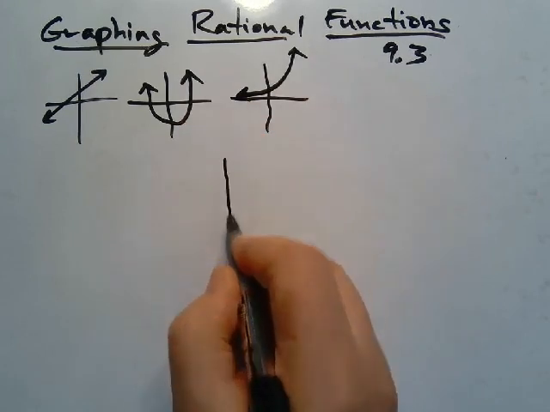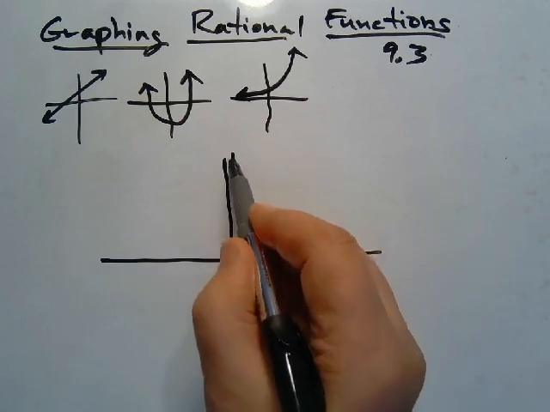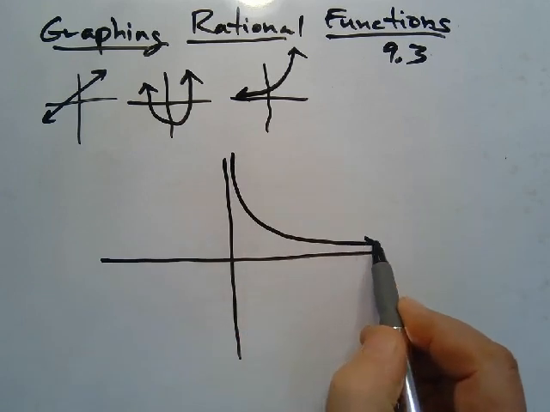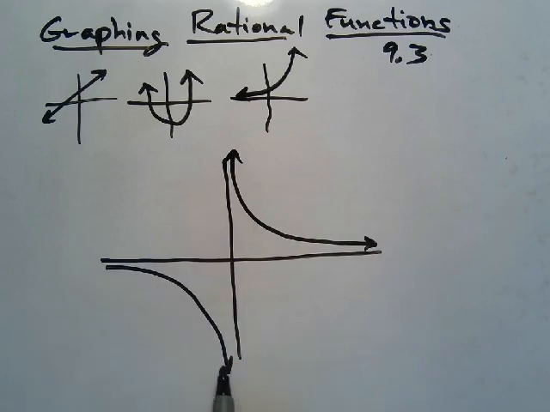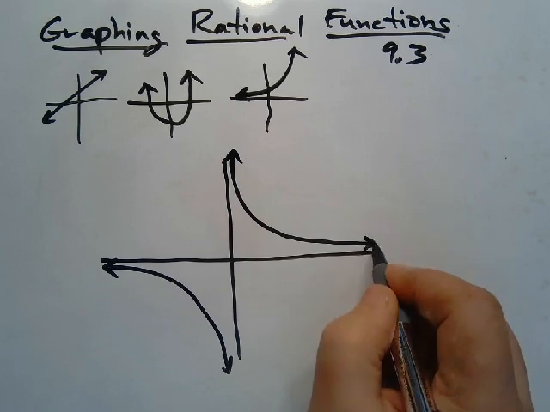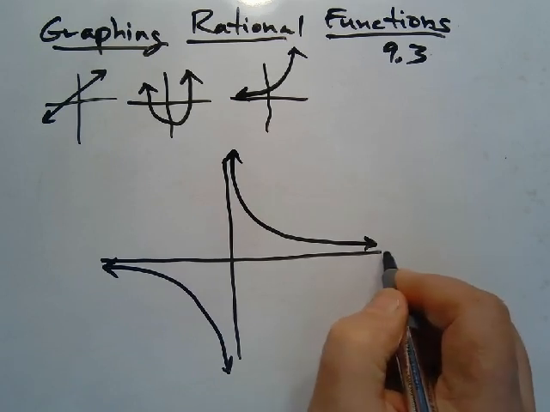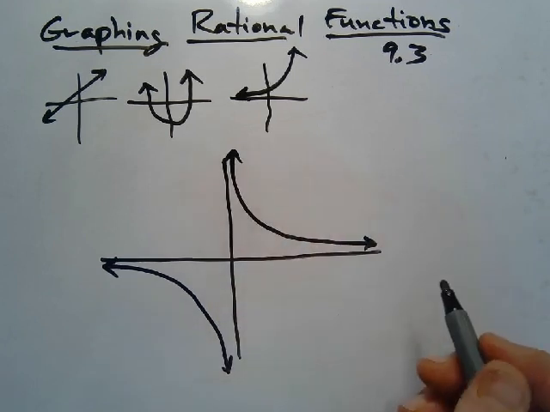Well, rational functions, many times, they look something that might look like this. Now, it's not always true, but they look like curves that tend to approach a line. See how this line out here is approaching the x-axis, and this line is approaching the y-axis.